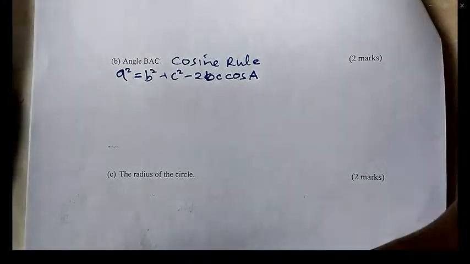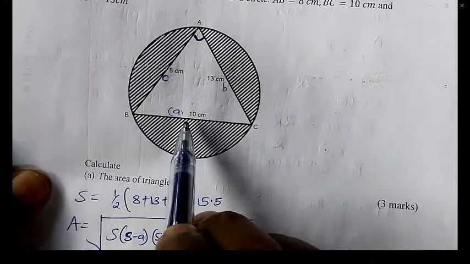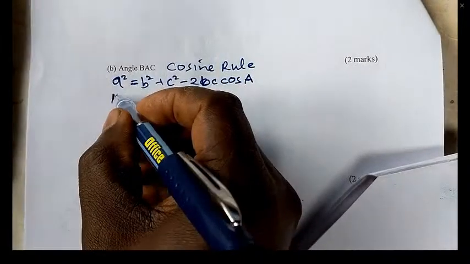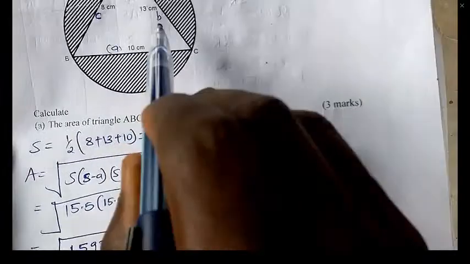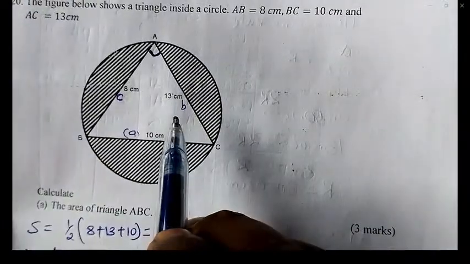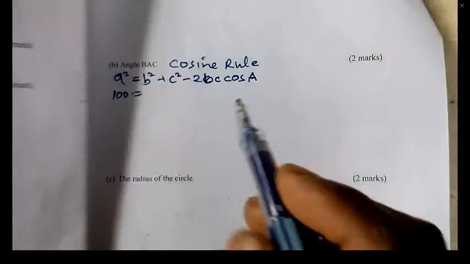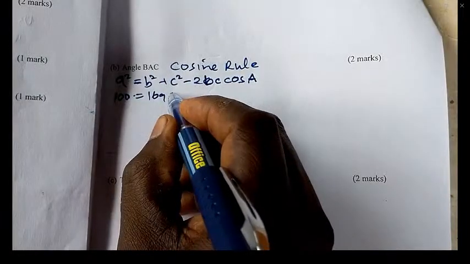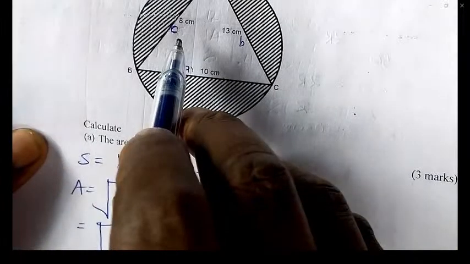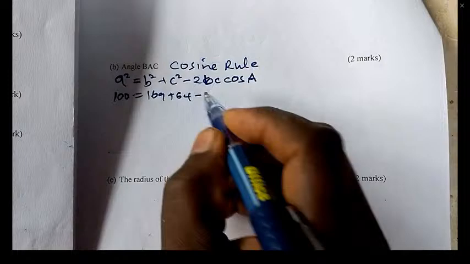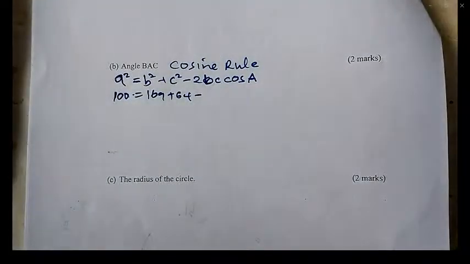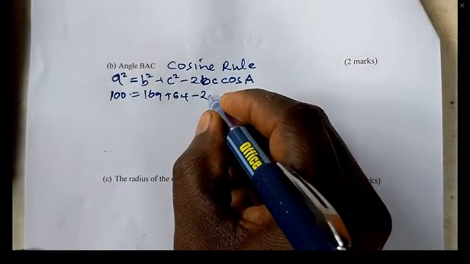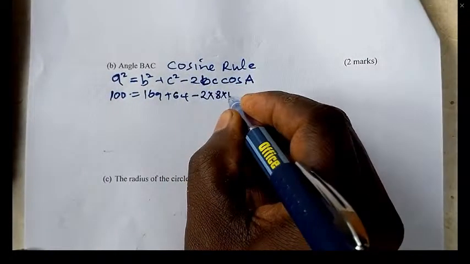So you say 10 square is 100, is equal to B. Our B is 13. 13 square is 169 plus C square, which is 64, minus 2BC, which is going to be 2 times 8 times 13 cos A.